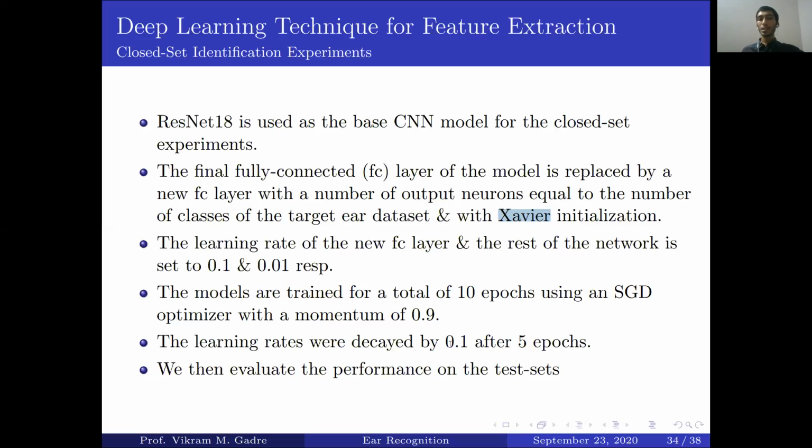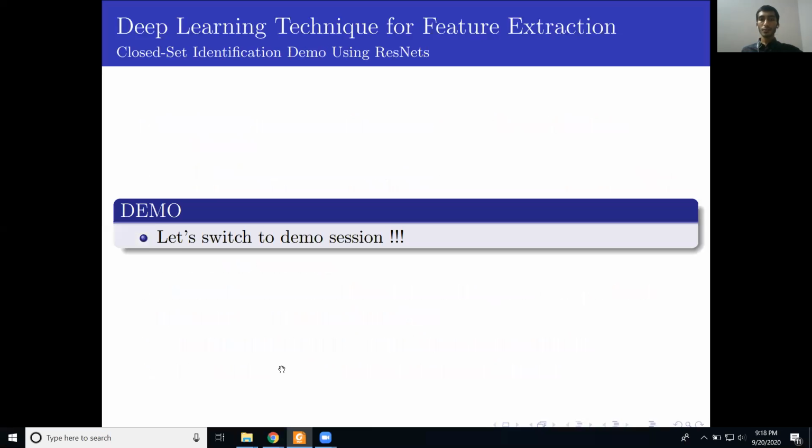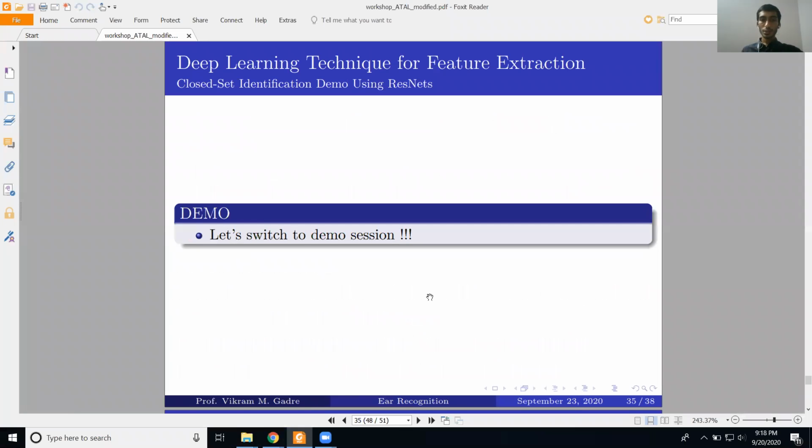That is why we decay the learning rate by a 0.1 factor. Then we get a trained model, which we use to evaluate on the test set. Next, we move to the demo session, which will take around 15 minutes, and then we will conclude with the references. So moving to the demo session.